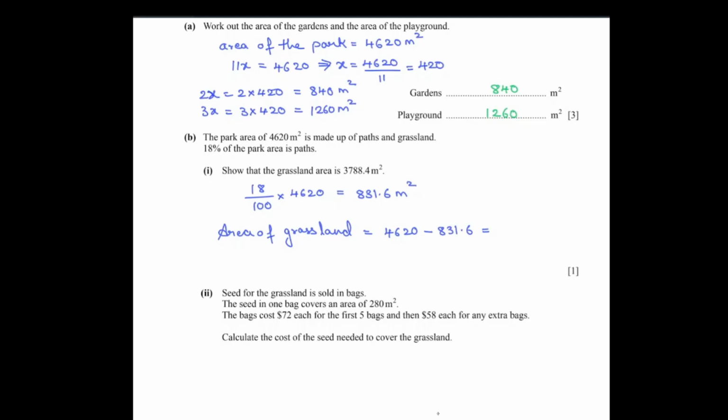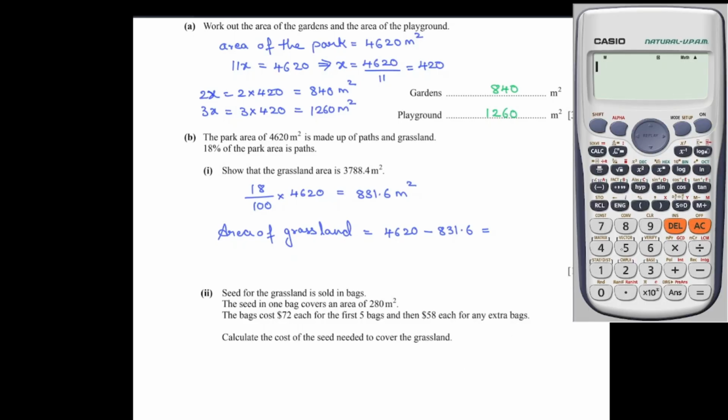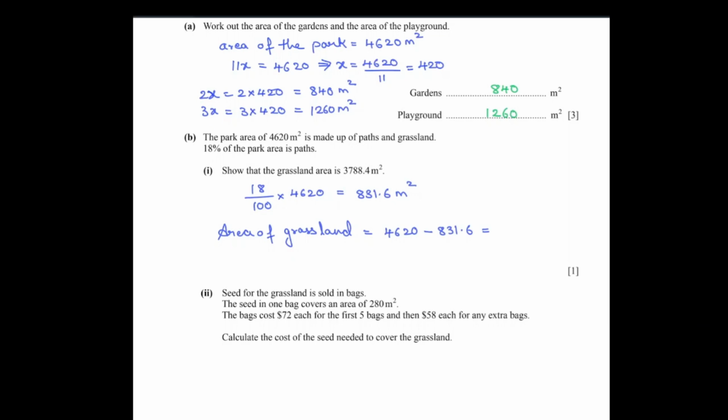Do that, 4620 minus 831.6, we got 3788.4, the exact answer.